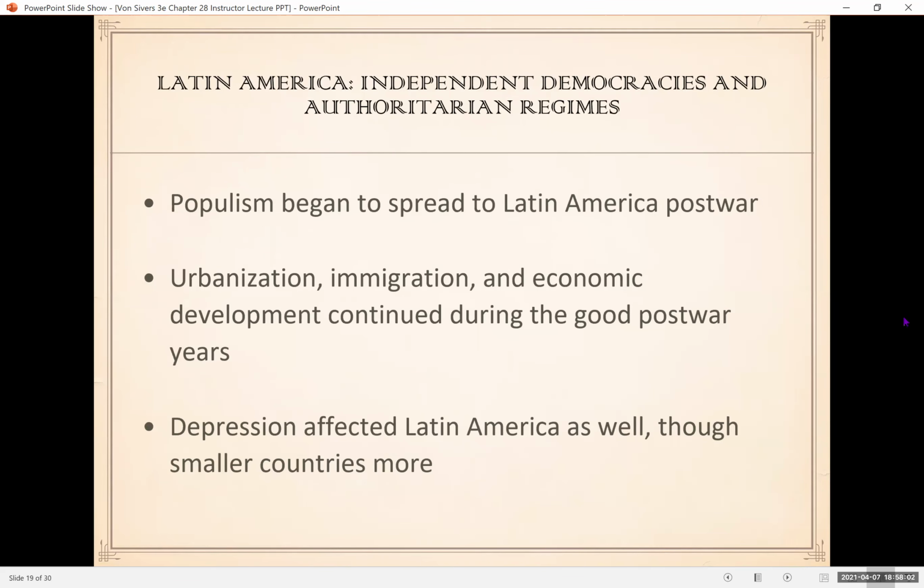Latin America. There's not a lot to talk about Latin America. It's growing urbanization, immigration to Latin America from places like Asia and others. They're going to try to put in place industrialization and try to redistribute land to the poor.